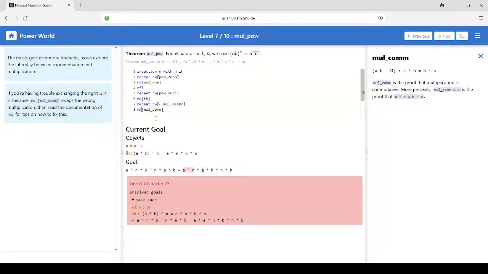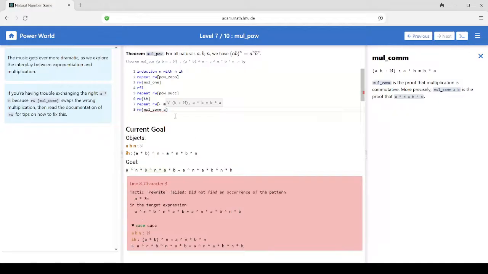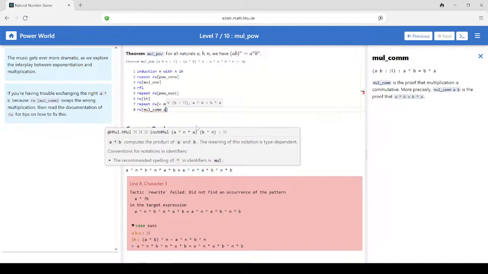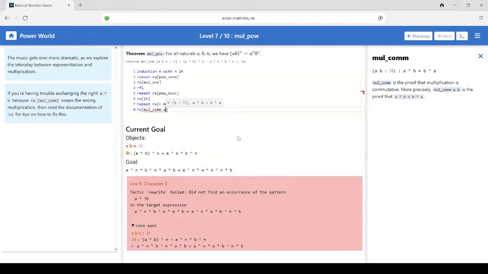Wait, can I specify which ones I want? No, that's not. Unless I can?